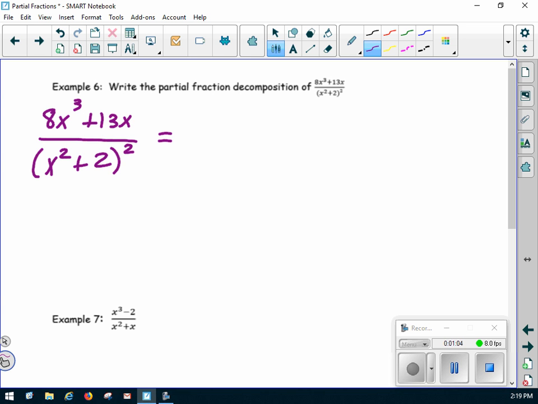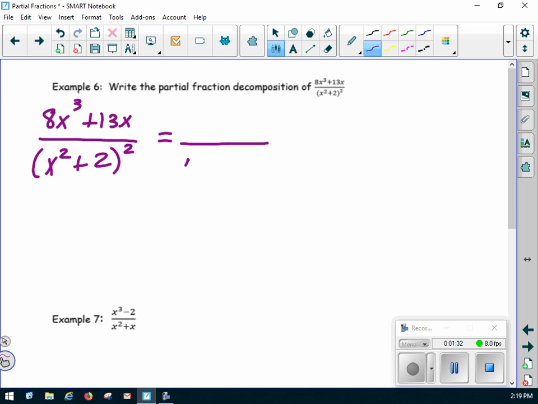Now, I need you to think about this. How many factors do you have in this denominator? What are they? x squared plus 2 and x squared plus 2. So you have 2, but they're the same. Now, when you have 2 or more factors that are the same, here's the way you have to do your denominators.